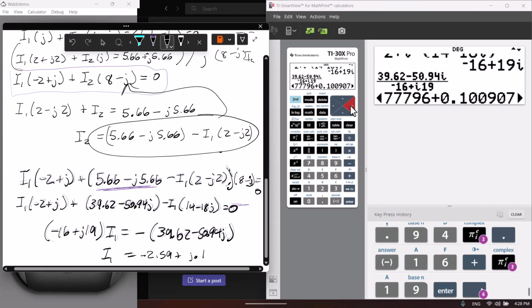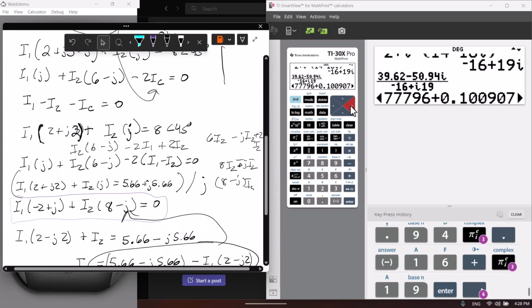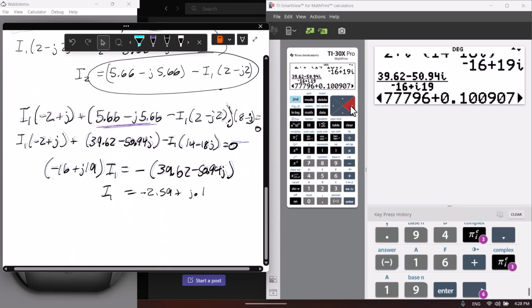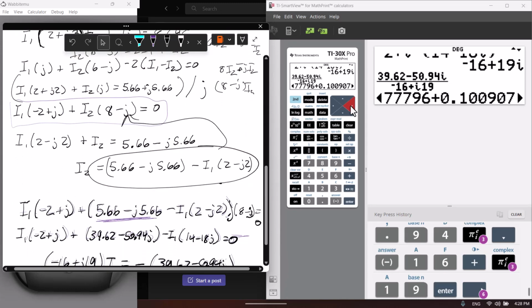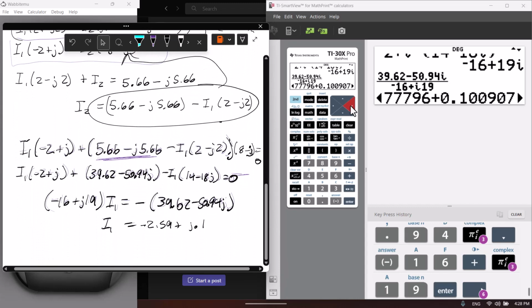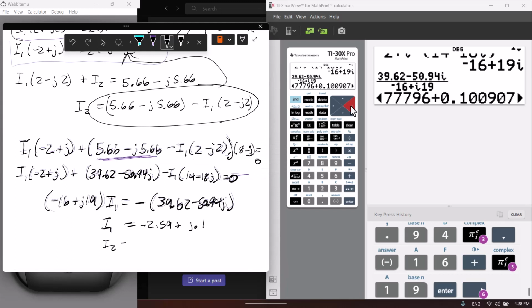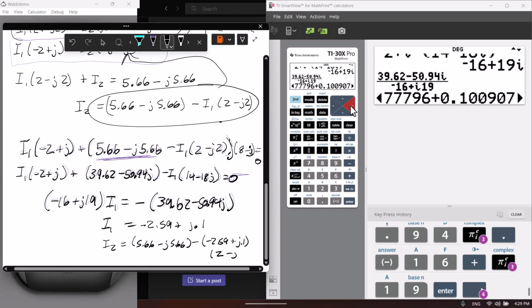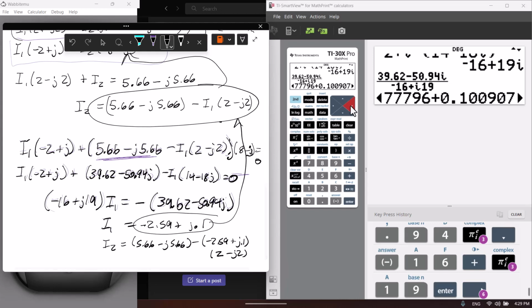And then I see I2, so I'm plugging in I1 into this one.